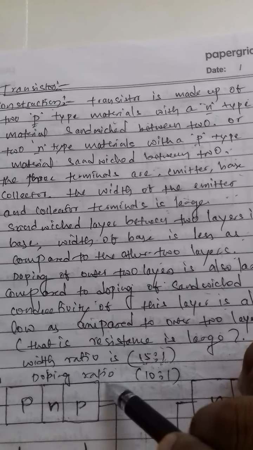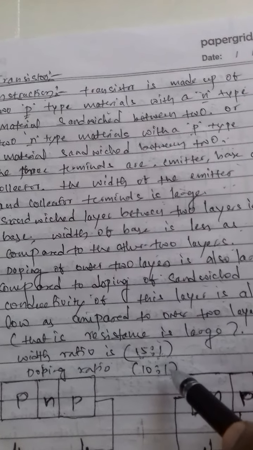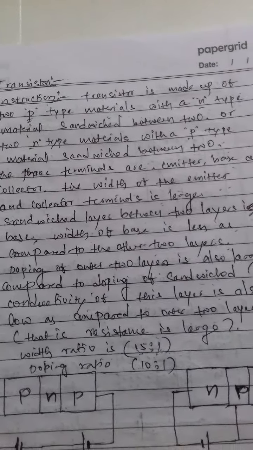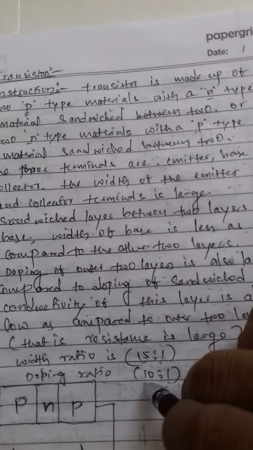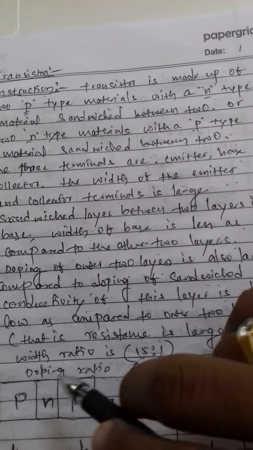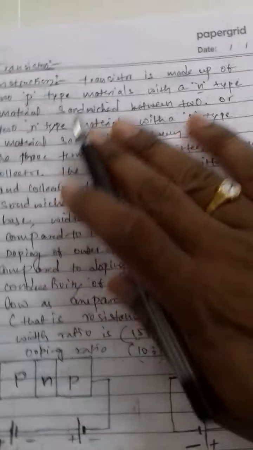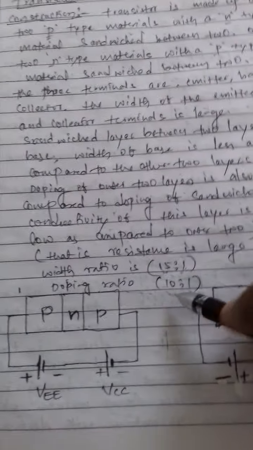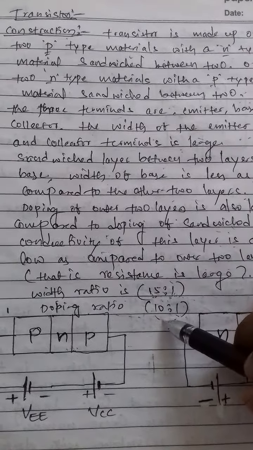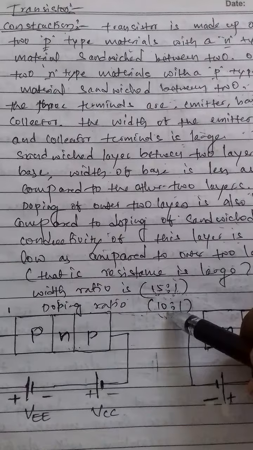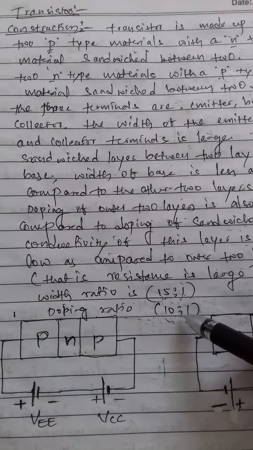Then the doping ratio: the doping is the amount of impurity that is added to a material.